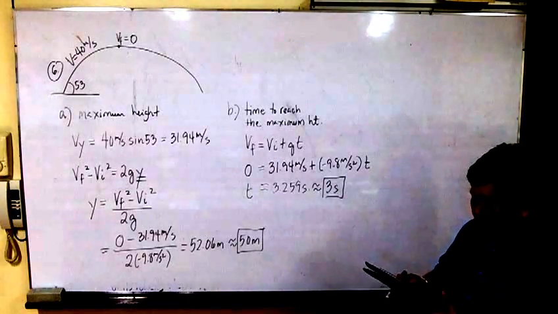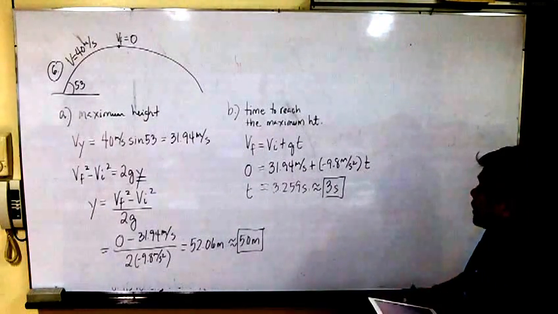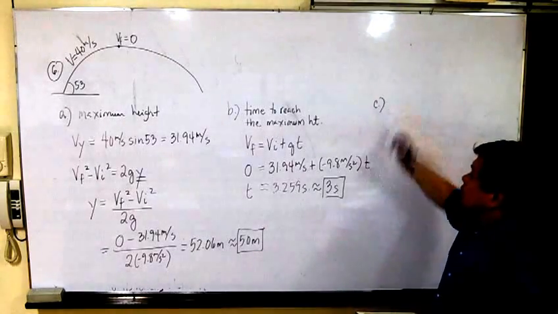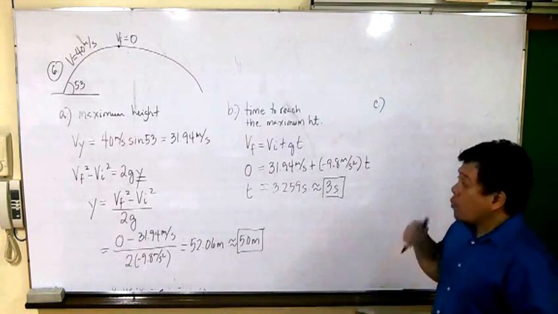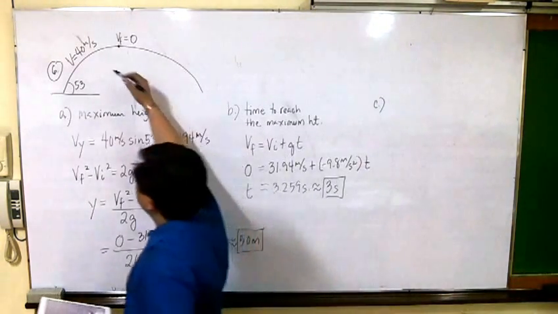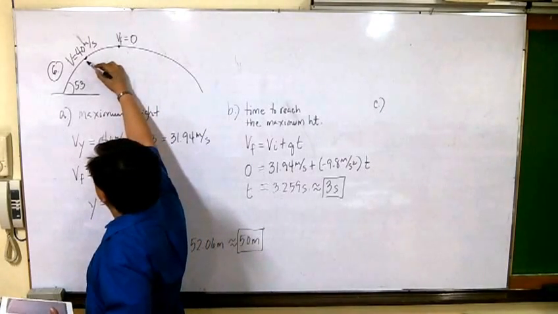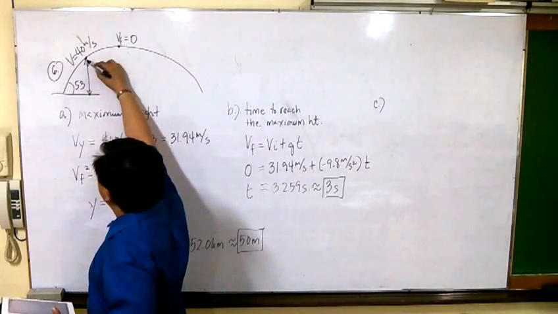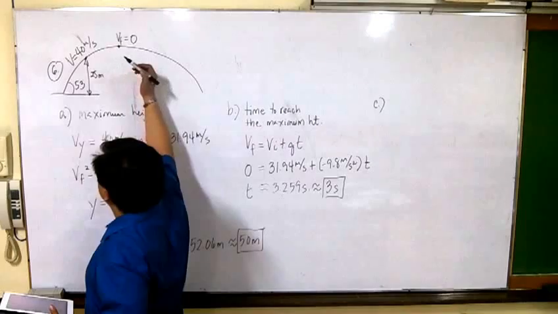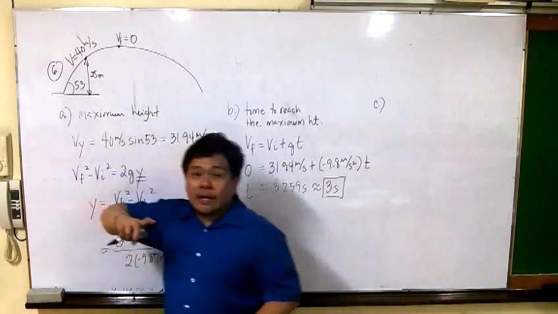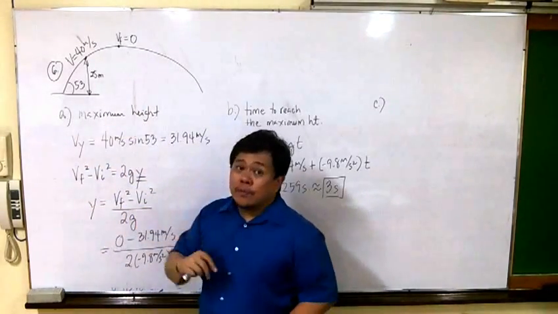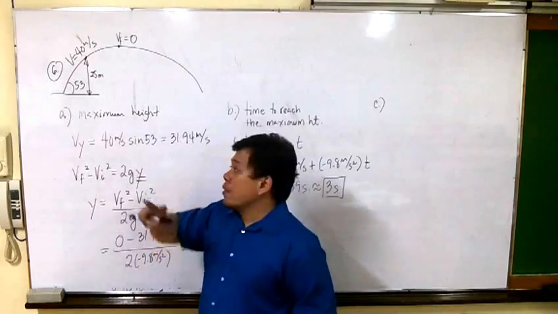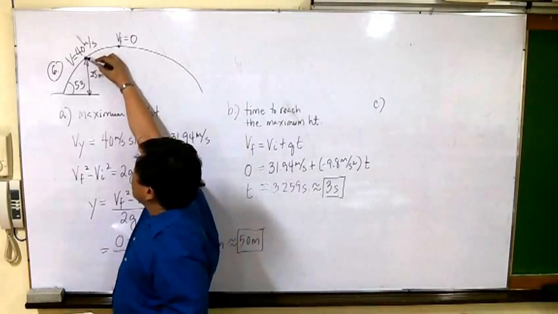Okay. In letter C, we are asked at which two times is the height equivalent to 25 meters. Now in this trajectory, there will be two times when the ball will reach 25 meters.